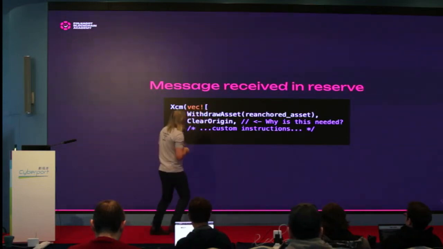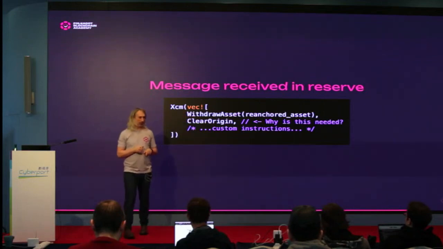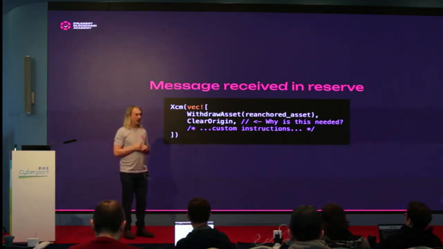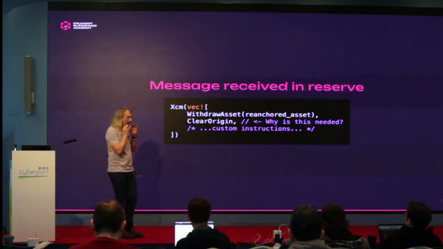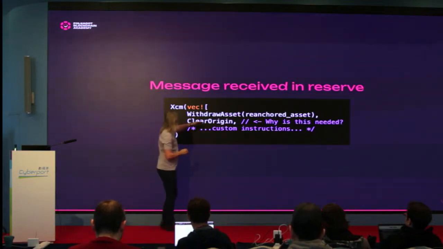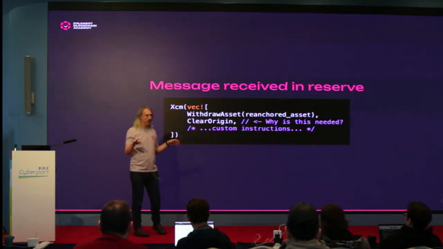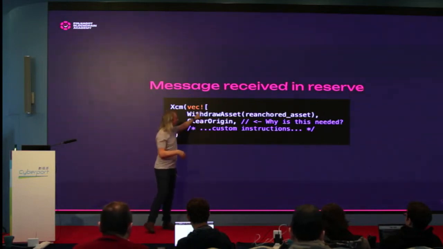But checking these instructions is really hard because XCM can do all sorts of stuff. And so the fail-safe, absolutely secure way is to just clear the origin. Then the instructions cannot possibly harm you as the initiator of a message.